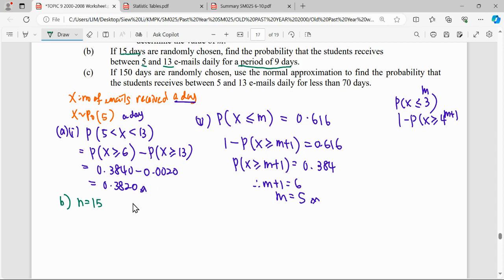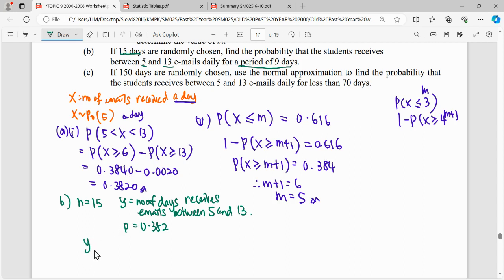So Y now represents the number of days in which the student receives between 5 and 13 emails. So for emails received between 5 and 13, this probability is 0.382, which we already found in part A.